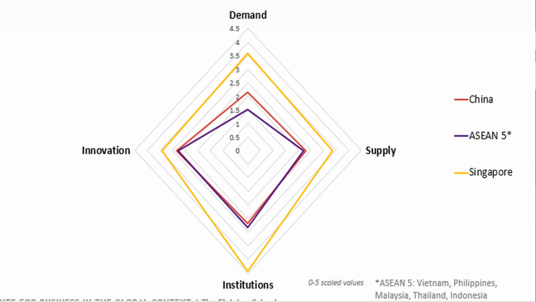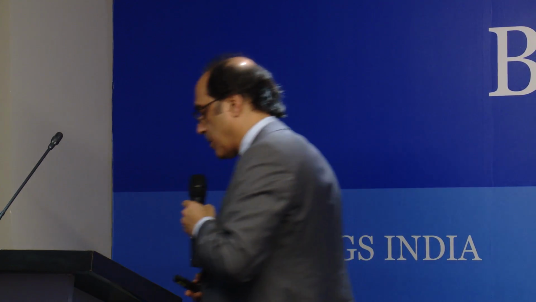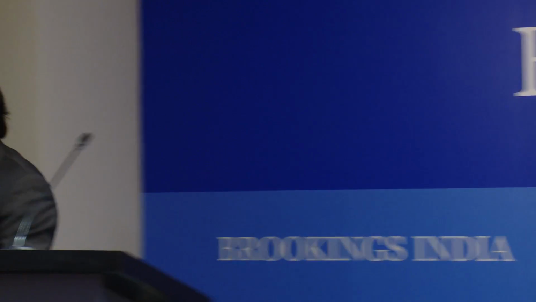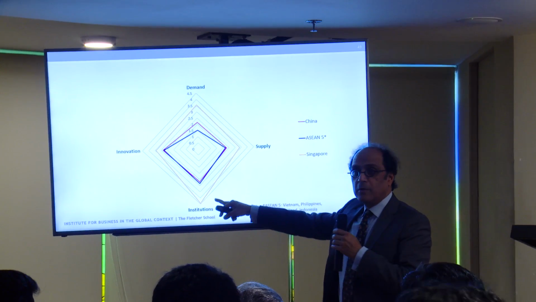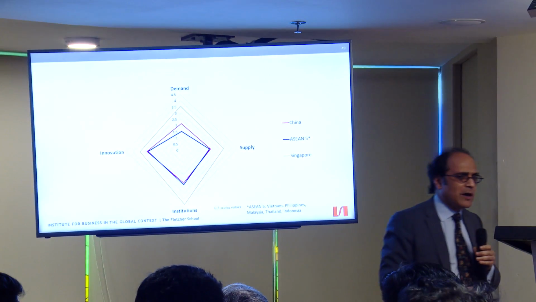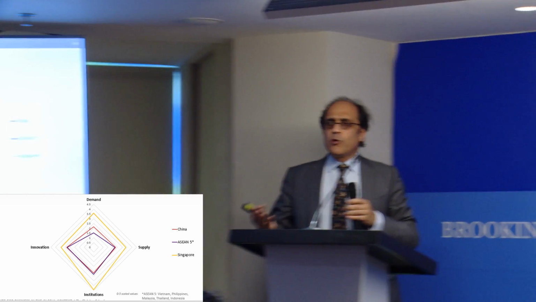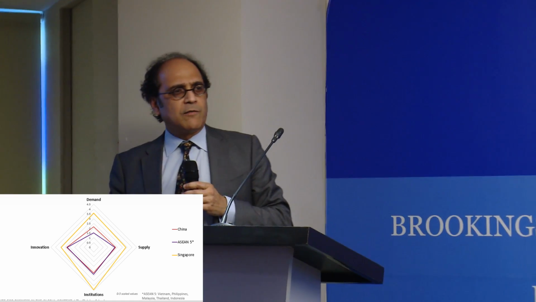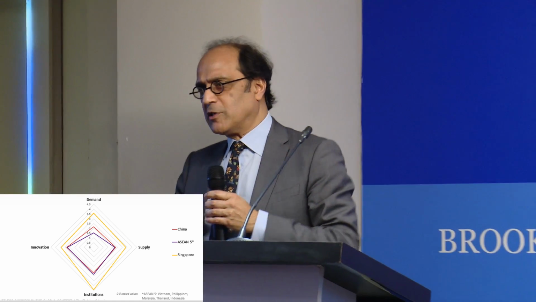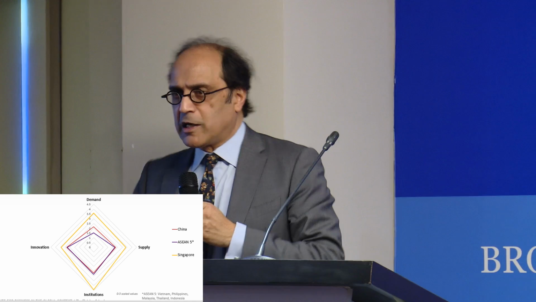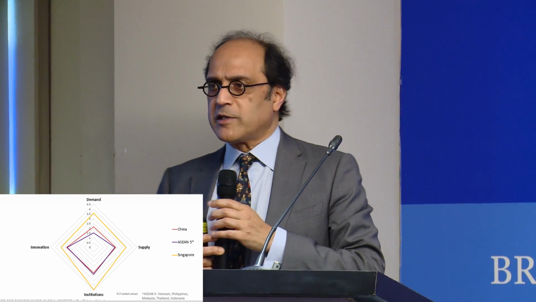The fatter the diamond, the more filled out, the better it is, right? You're further along on all these dimensions. The benchmark I've created here is Singapore, which of course is not a right comparison for India, but Singapore always comes up in practically every conversation about Asian and African countries. So I thought, why not Singapore? You can see Singapore has a nice, healthy diamond, so it's a good place to start.